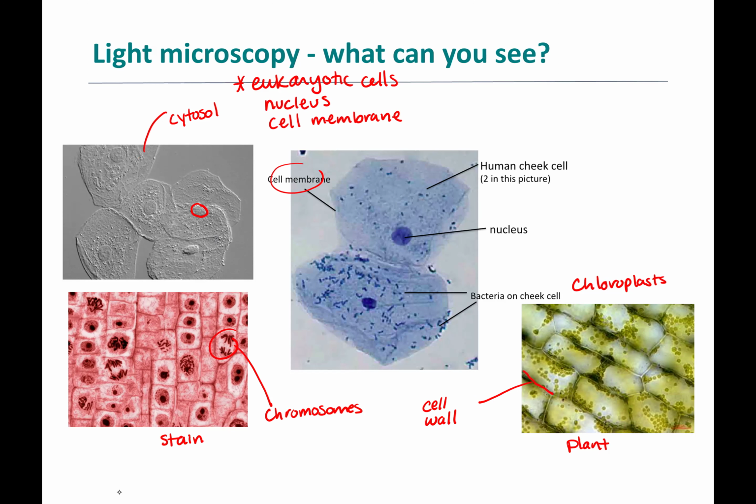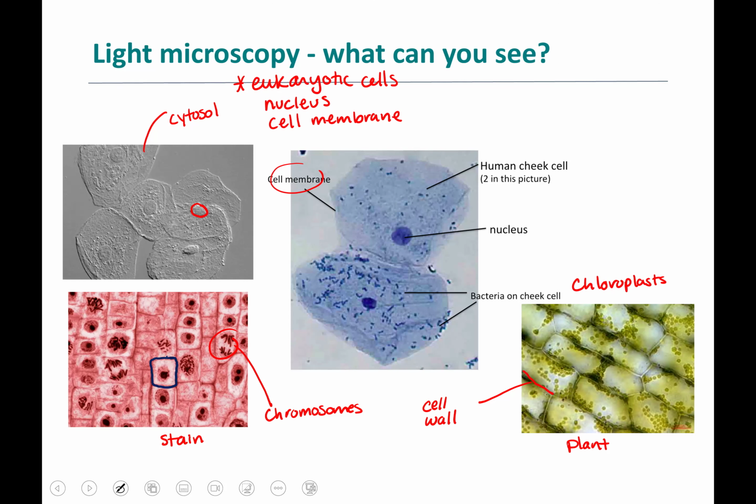Let me change color here really quick. So just to orient you, there's a cell. This is a plant cell, so it has a cell membrane and cell wall. The dark big blob, that's the nucleus. And because we're staining, you can also see the nucleolus.